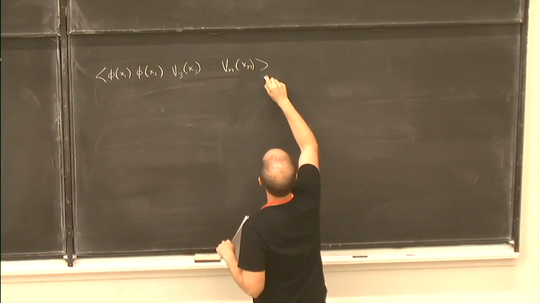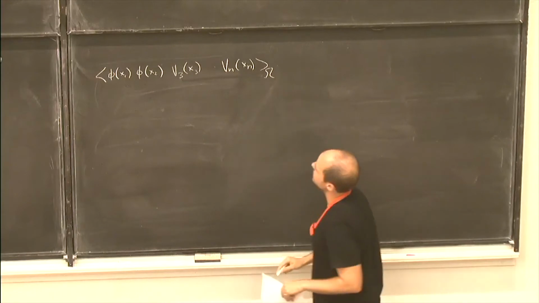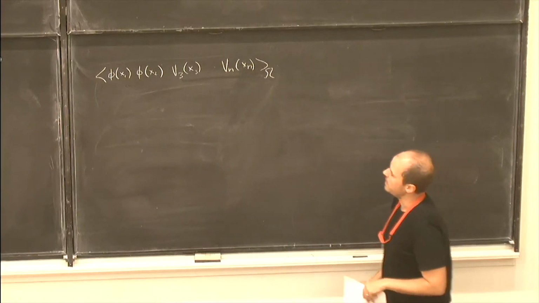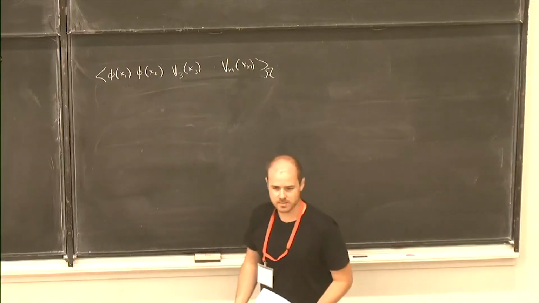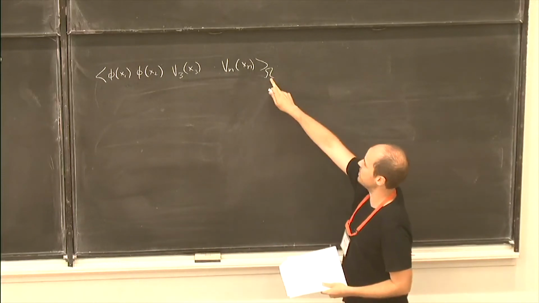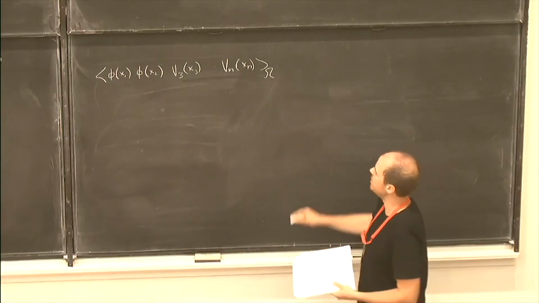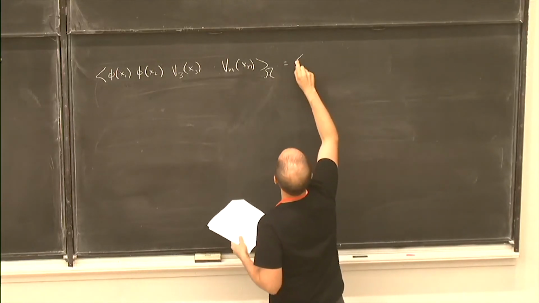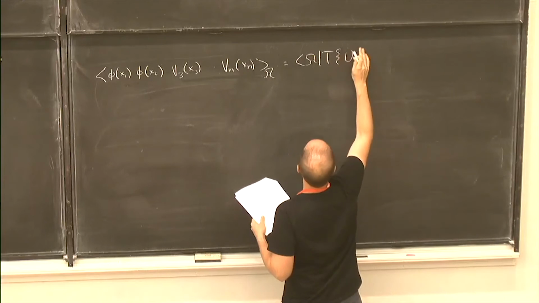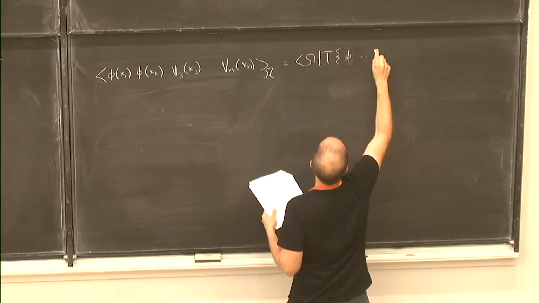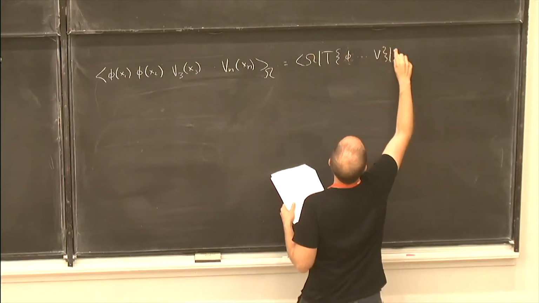I'm going to put an omega subscript here to indicate that this is a physical operator in an actual CFT. The omega is supposed to represent the physical ground state of the theory, and this you can think of as a Euclidean time-ordered correlator of some product of operators in omega.